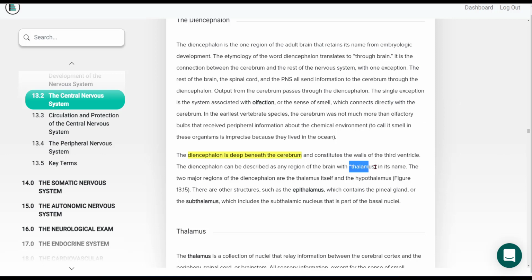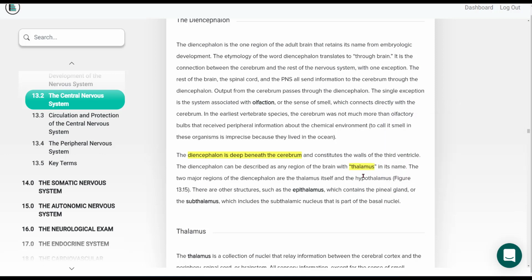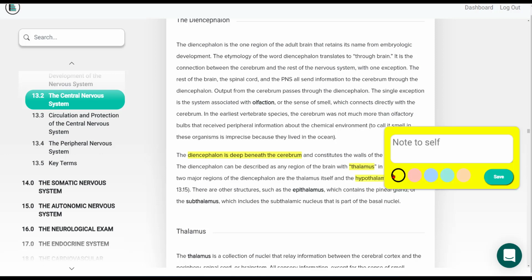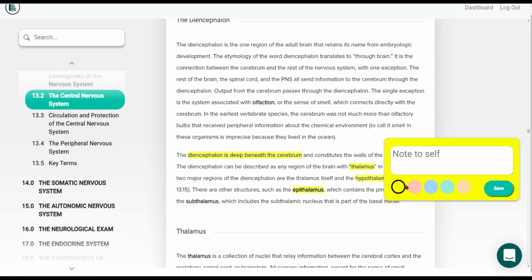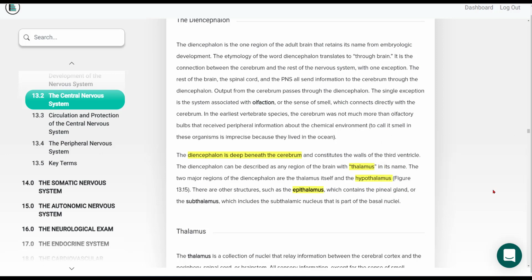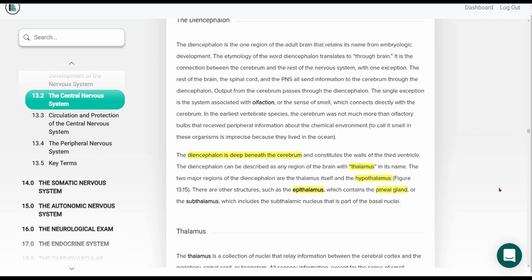There is the thalamus, there is the hypothalamus, and there is the epithalamus. Okay, and we'll see that epithalamus is a very small area. It does contain a gland called the pineal gland, and we'll see the pineal gland again when we take a look at the endocrine system.